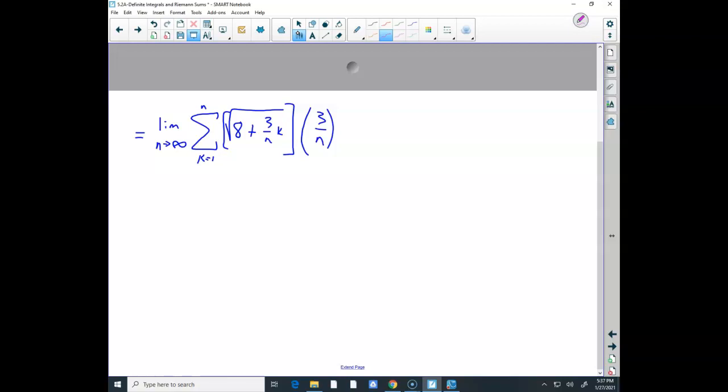And if you're being honest with me, I'm kind of thinking you're going to say this equals the integral, right, from 8, my width is 3, so 9, 10, 11, from 8 to 11, of the square root of x dx, right? Hopefully that's what you're saying, because that's a plus delta x times k.